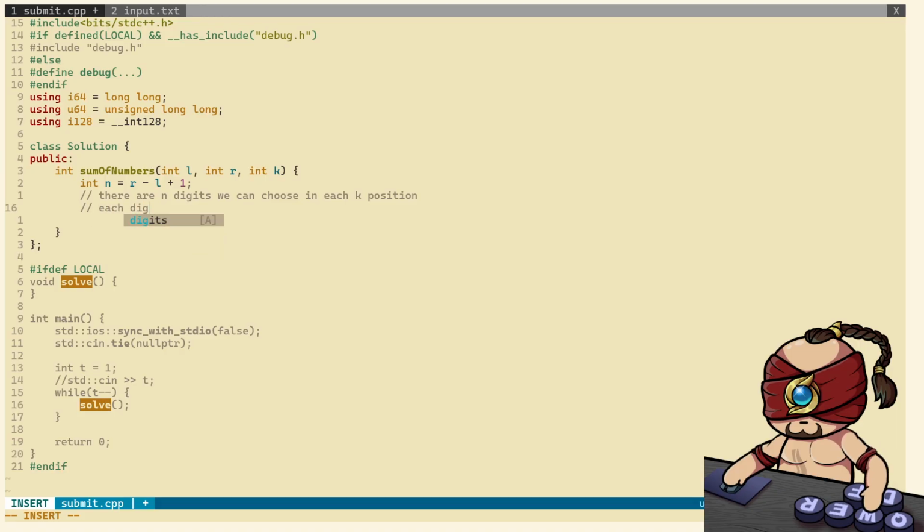Each digit appears n to the k minus 1 times. That makes sense, right?